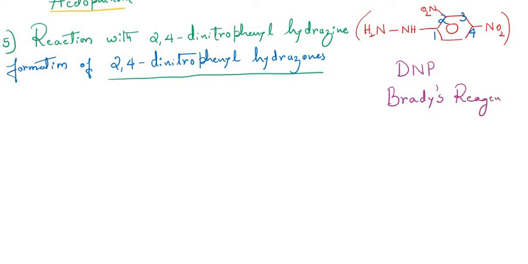In chemistry we make use of these technical terms in short form, that is DNP, which is also known as Brady's reagent. This DNP is used to distinguish carbonyl compounds from other organic compounds. Only DNP is going to react with an aldehyde or a ketone. It means it is not going to react with any other organic compound other than aldehydes and ketones.